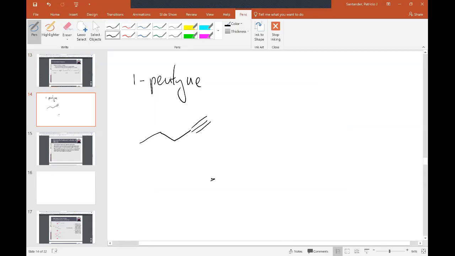So if I add water under the Markovnikov conditions, that means in the presence of mercury salts and acid, what is going to happen? Well, because it's a Markovnikov process, the OH will end up in the second carbon atom. This is my carbon 1, carbon 2.